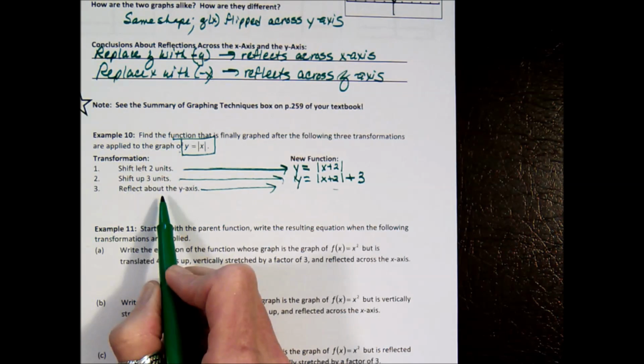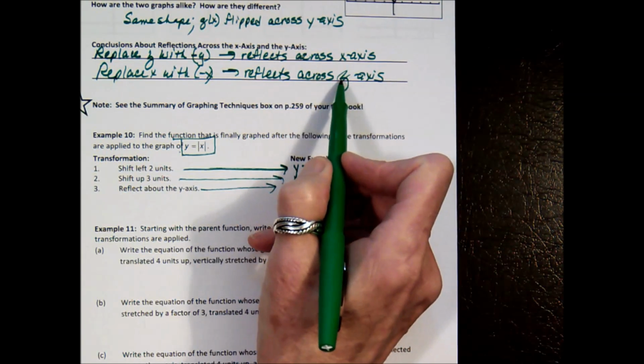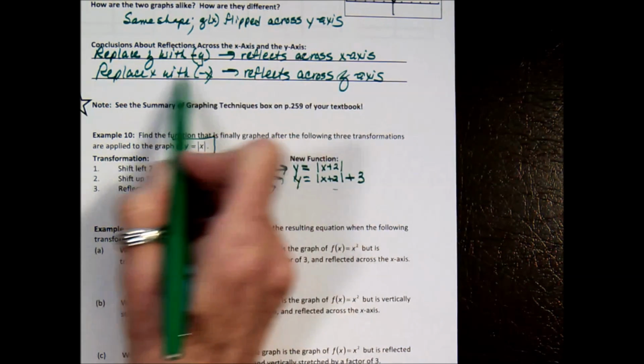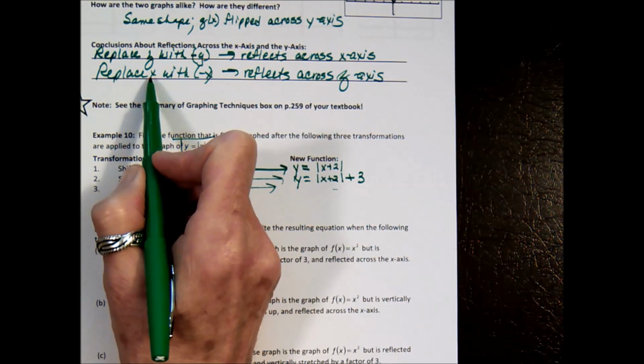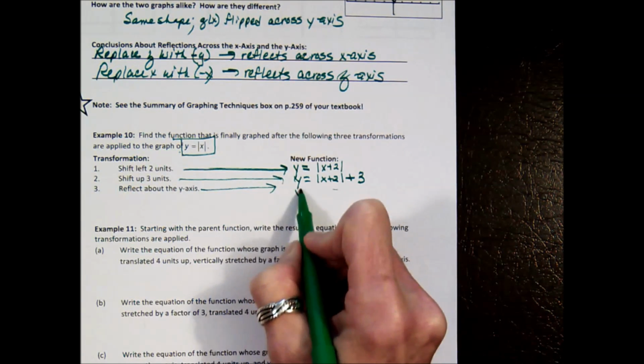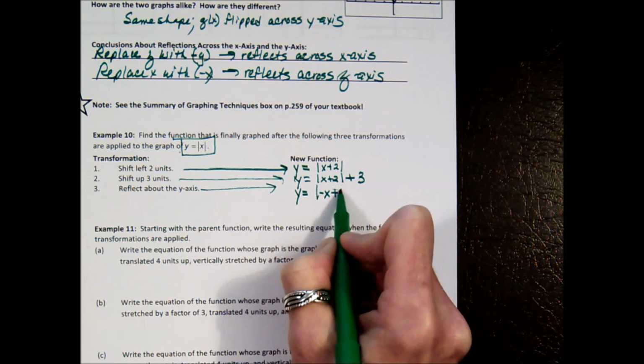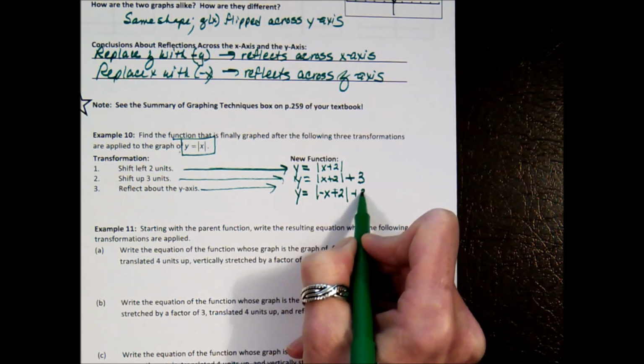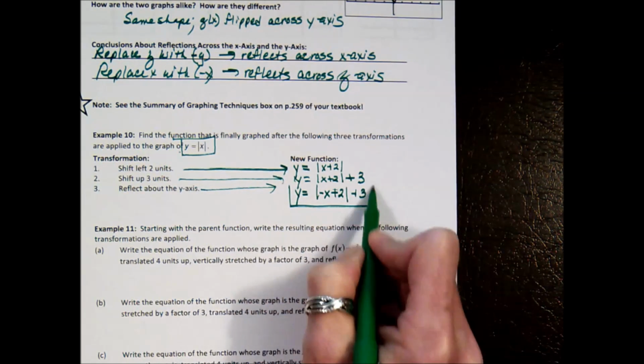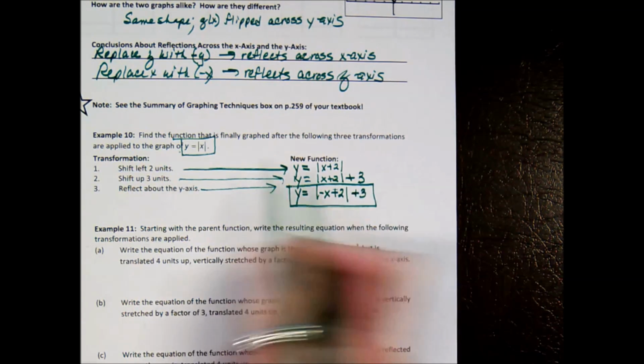Well, going back up here, to get it reflected across the y, I have to put a negative x in for x. So it's going to be y equals, take out the x, put in a negative x, keep the plus 2, and then plus 3. And this is the final function that we have when we do this.